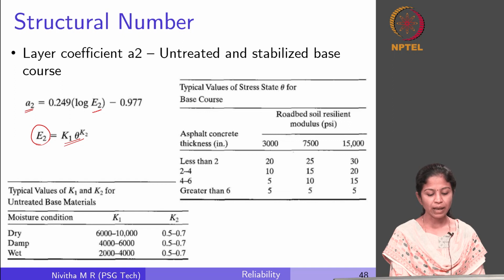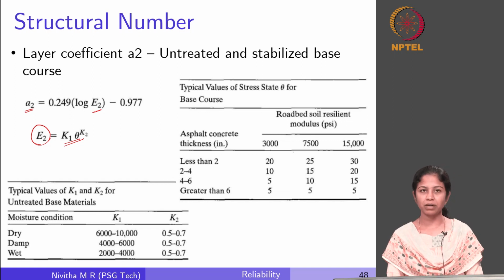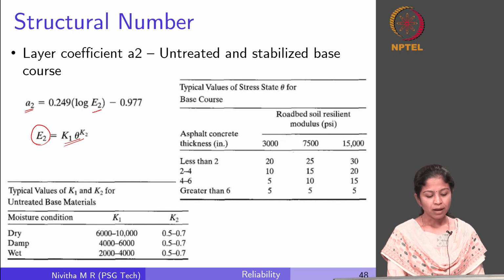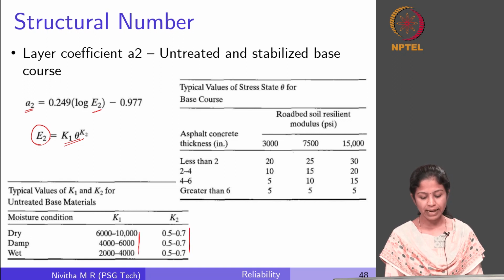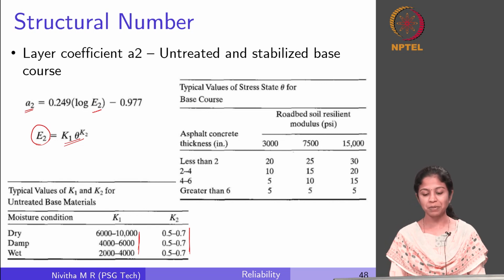So, these values K1 and K2 are specified for different states in which the material is present. So, K1 for dry, damp and wet conditions is specified like this, and similarly K2 for these three moisture conditions are specified.